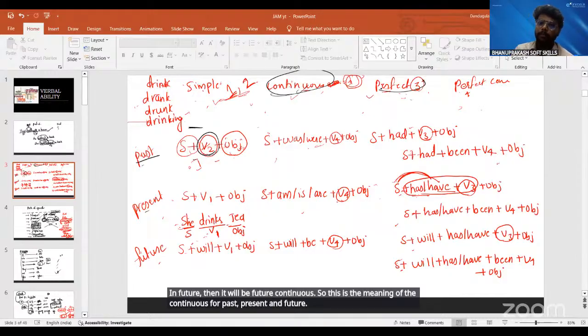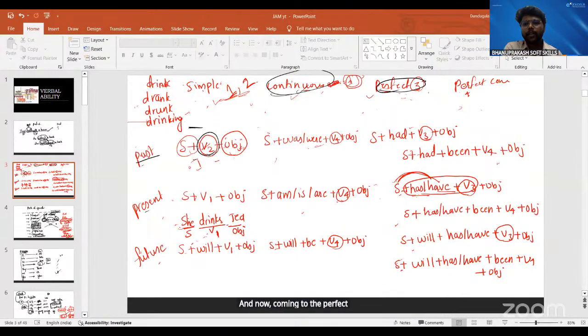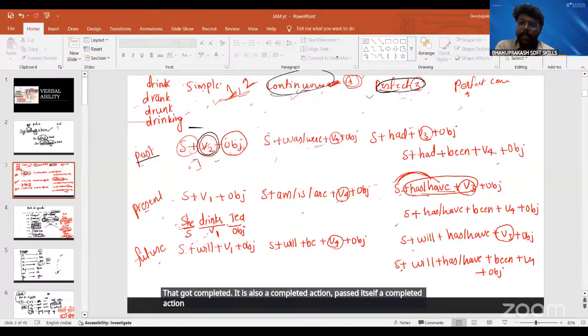And now coming to the perfect. Perfect is used if we want to mention one particular time in the past that got completed. Past itself is a completed action, but if we particularly talk about one particular time, then we use past perfect. In general, we use simple past.